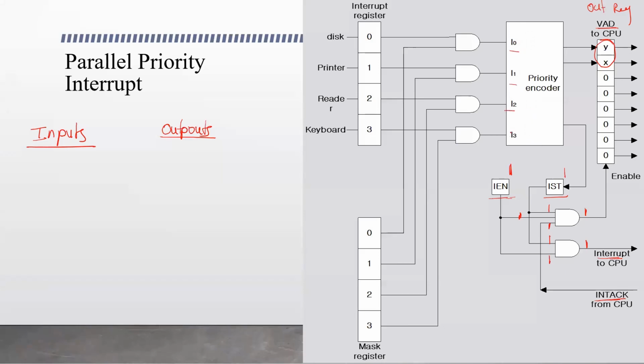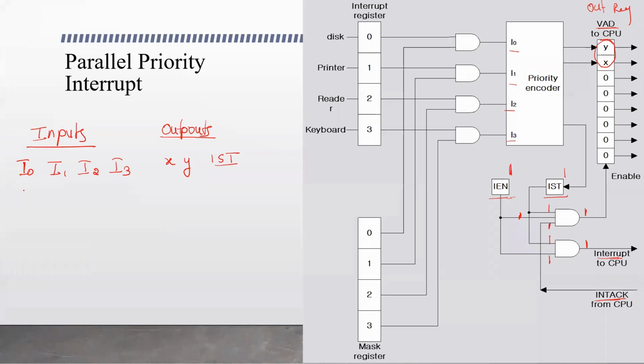I0, I1, I2, and I3, the interrupt signals from the 4 devices: disk, printer, reader, and keyboard. Let's say this is I0, I1, I2, and I3. These are the inputs. And the outputs the priority encoder generates are X and Y, and then IST, the interrupt status.